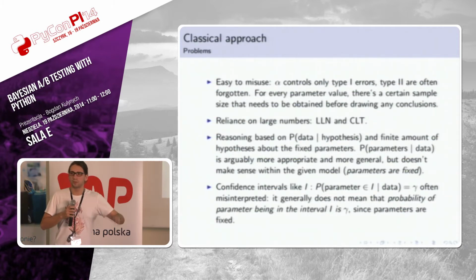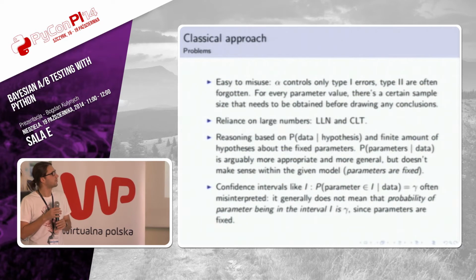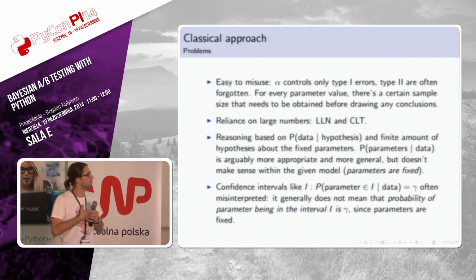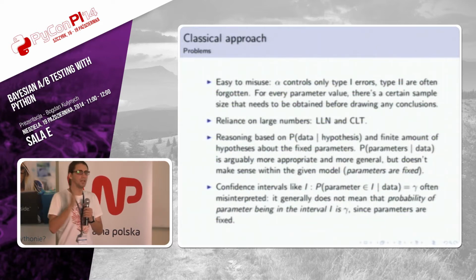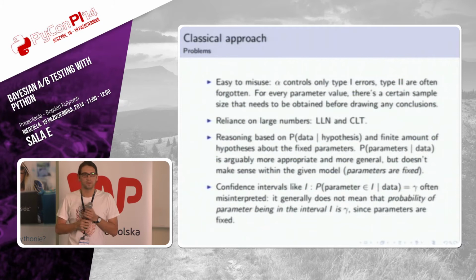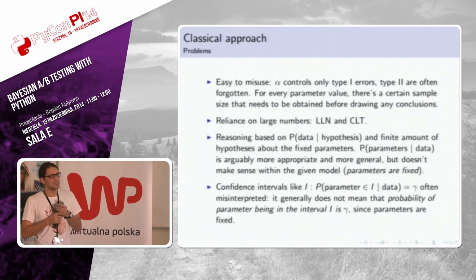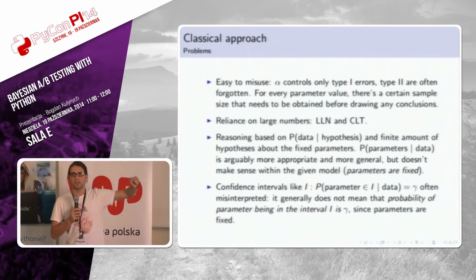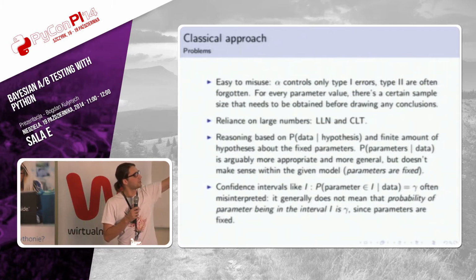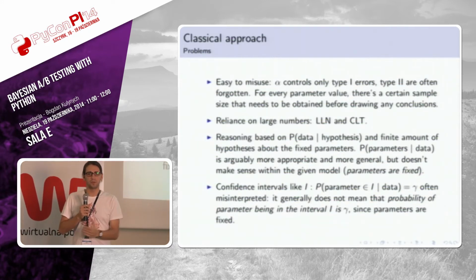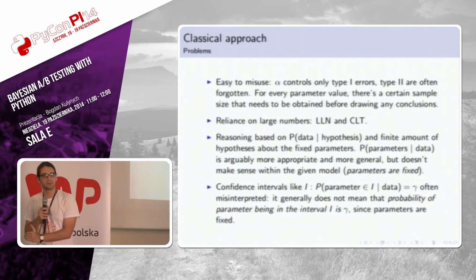So the problem with this approach is mostly philosophical. What we do here is reason based on the likelihood of the data given some hypothesis. If you think about it, the vice versa would make more sense. We would like to reason based on the likelihood of parameters, given the data.